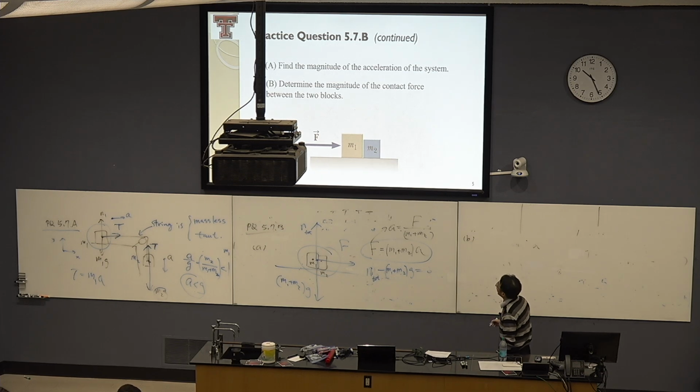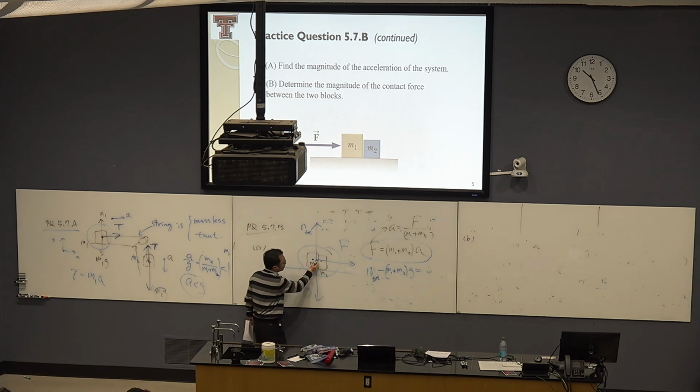Now, they wonder what the forces in between the 2 blocks are. Remember, when we treat these two as one system, the contact forces between the 2 blocks, we don't take them into account because those are internal forces. There are also forces among the molecules within each block.